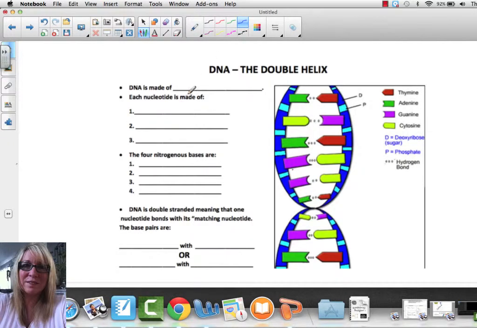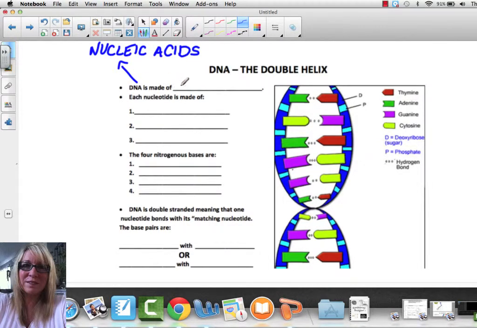Okay, let's take a closer look at the DNA double helix. So DNA is made up of what we call nucleotides. Now, we've talked about this before. We just talked about this in the last unit, nucleic acids. Remember one of the macromolecules we talked about? And nucleic acids contain DNA and RNA, which is our hereditary information. So that should be a review.